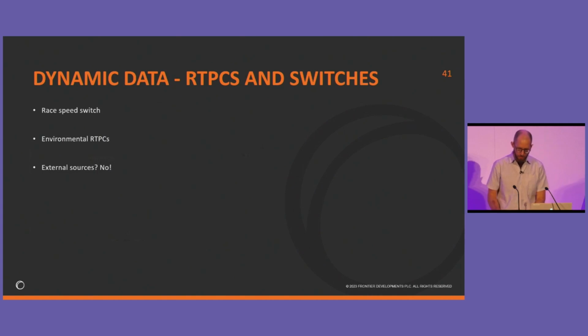And as I mentioned, we set various RTPCs to do things like environment-based reverbs, but also we set car speed and camera height just so we can tune the mix, to just increase that sync with the visuals.